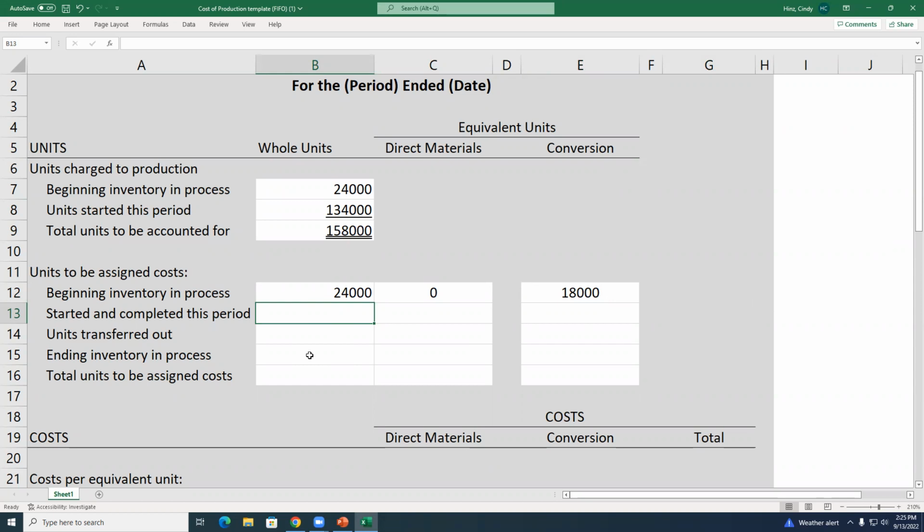Now, I don't know yet how many units were started and completed, but if I look at the information given in the exercise, the last line says goods finished 128,000 units. So we finished 128,000 units. 24,000 of those were started in November, so they weren't started in December. 128,000 minus 24,000 is 104,000 units that were started and completed in December.